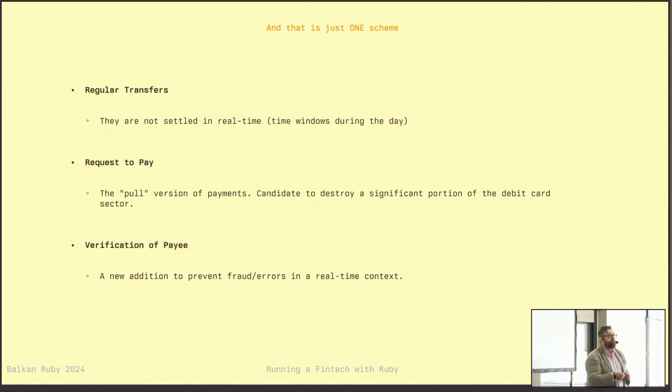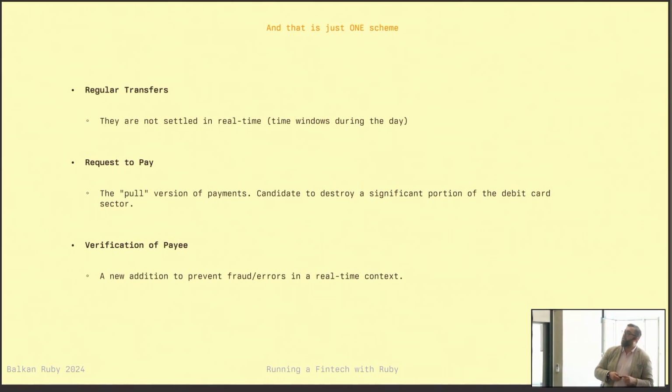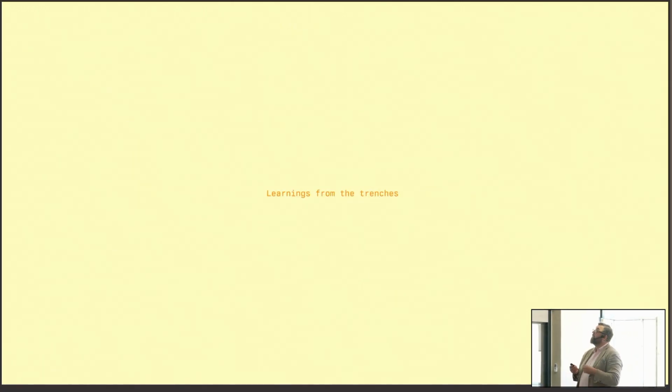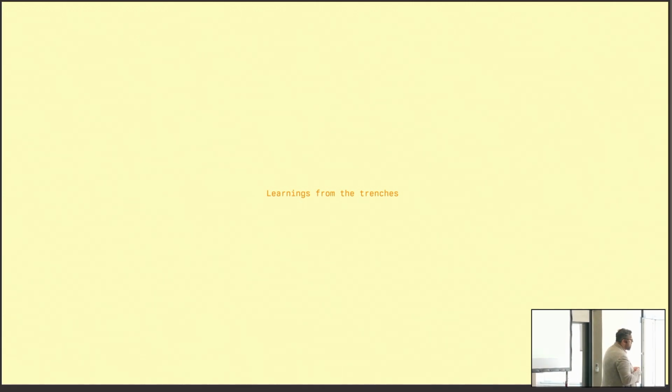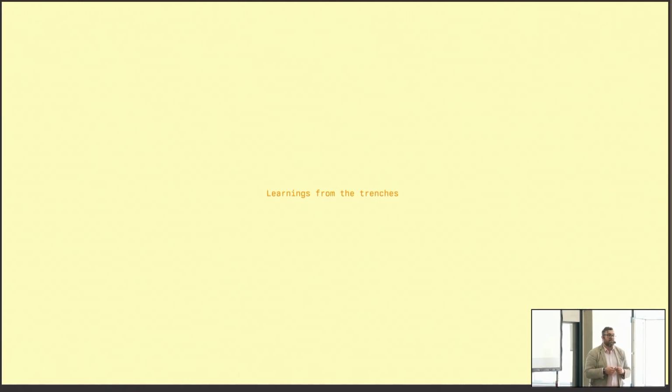That is targeted to prevent fraud and crime in an automatic way. So that is basically what is happening in the European Union today when it comes to bank transfers. Not simple, kind of complex, again, heavily regulated.